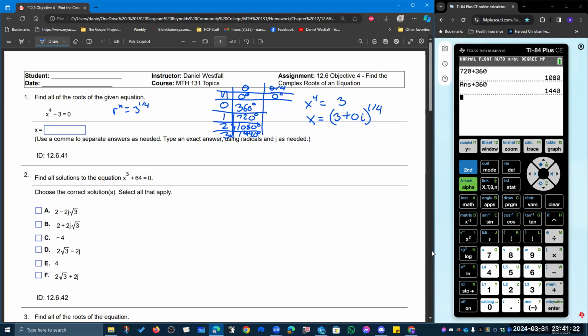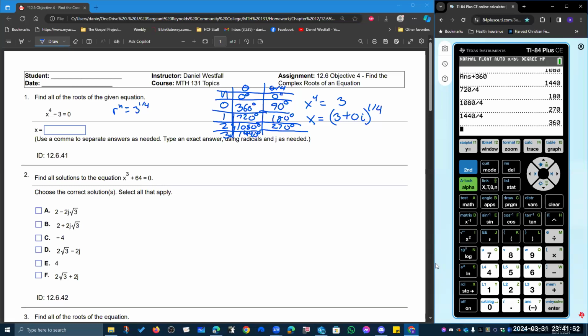Going to be 0, 90, 720 divided by 4 is 180. 1080 divided by 4 should be 270. Yeah, I just keep adding 90 each time. And then 1440 divided by 4 is 360, so I don't want that one again.